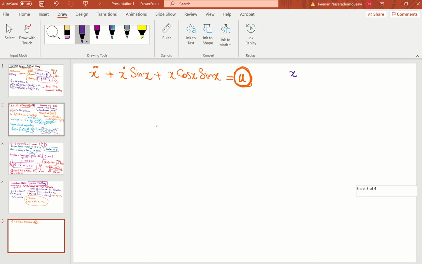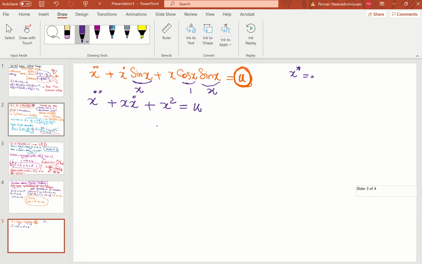Let's say, as I taught you, x dot is 0, I mean at the equilibrium point. So you can say this is x, you can say this as 1, and this is x. That's right. So first of all, if you do that, you get x dot plus x square is equal to u.